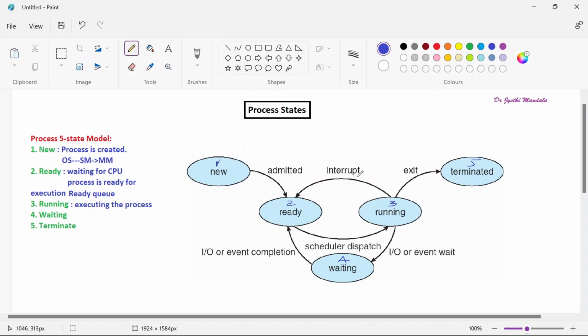Now coming here, we already learned about the new state. From the new state, a process will be created and when it is loaded to the main memory, it will be added to the ready state. Ready state, always remember, is your main memory. It will have more than one process, all waiting for the CPU.